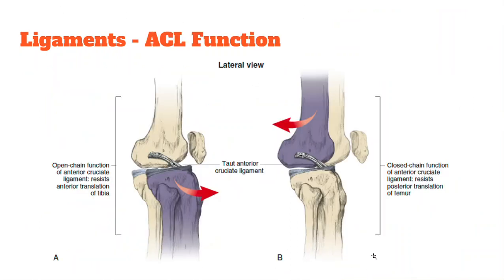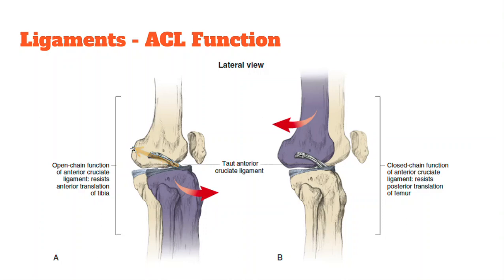All right, the function of the ACL. So open chain, so if you're sitting and flexing, extending your knee, the anterior cruciate ligament resists anterior translation of the tibia. So if you're pulling your tibia anterior, the ACL will pull it in a posterior direction.